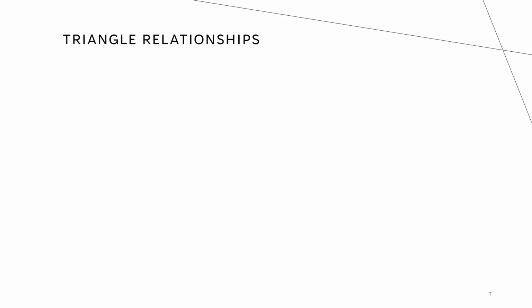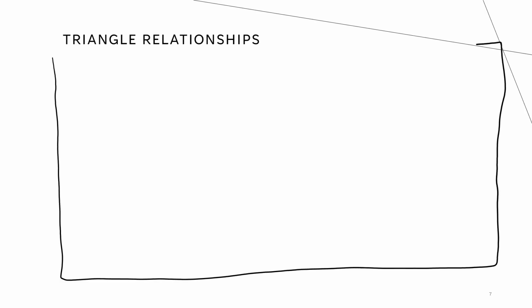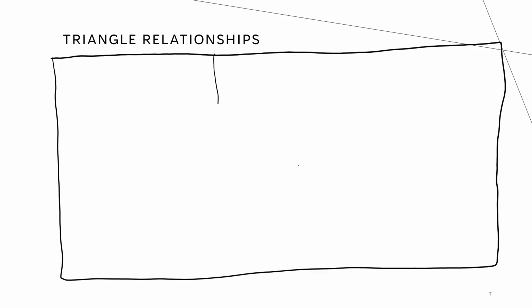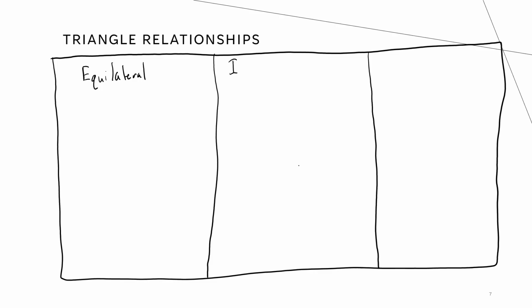Now let's talk about how those triangle relationships break things down into different types of triangles. Now, if we classify by sides, every triangle falls into one of three categories. It's either equilateral, isosceles, this is my weakness, spelling isosceles, or scalene. As you may remember, equilateral is 3 sides the same.